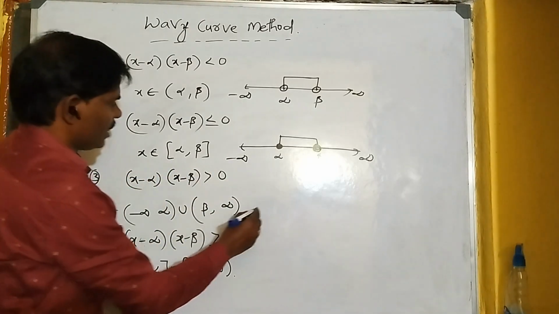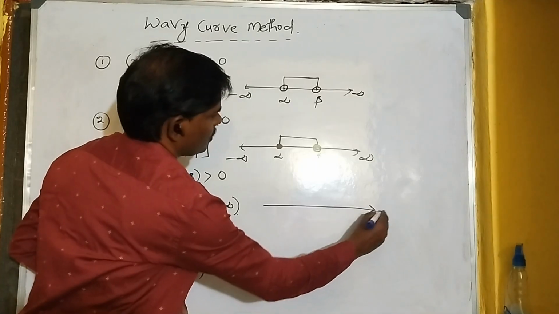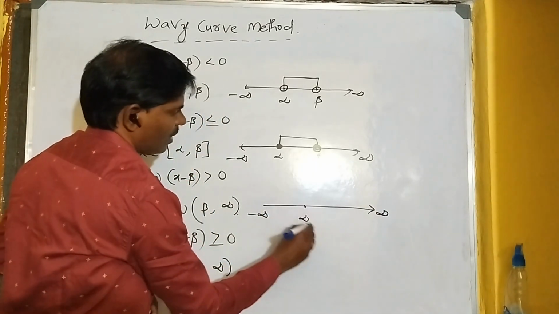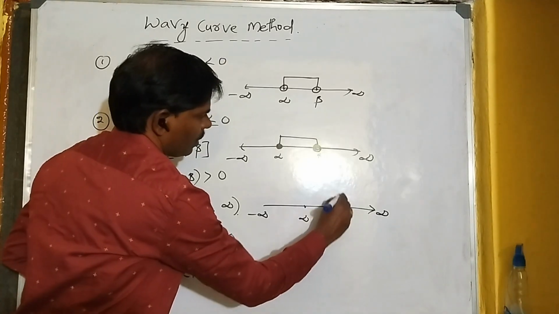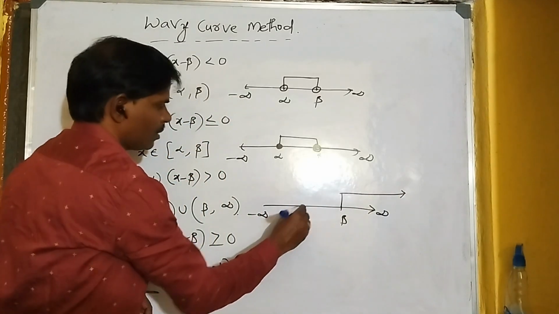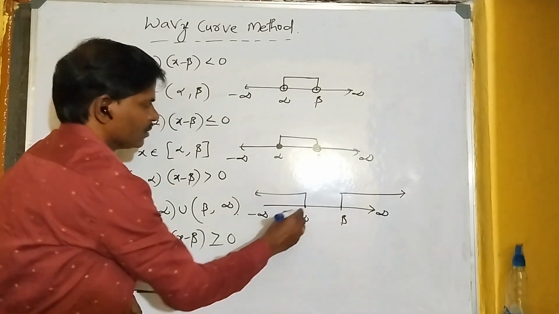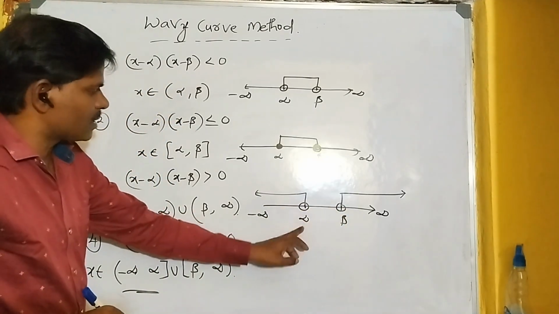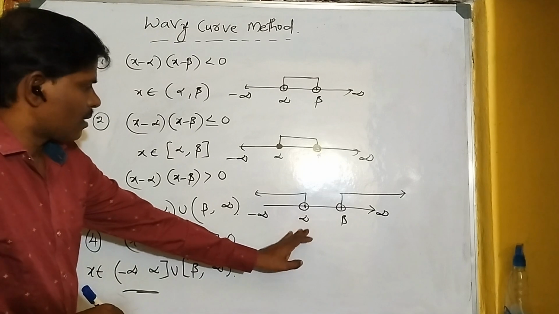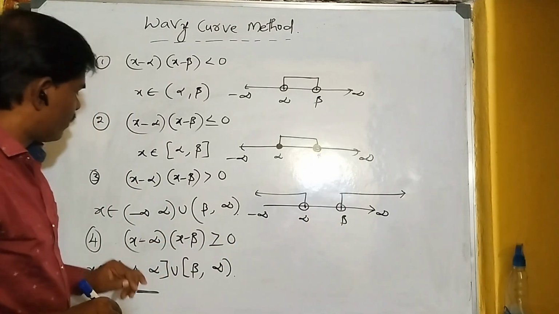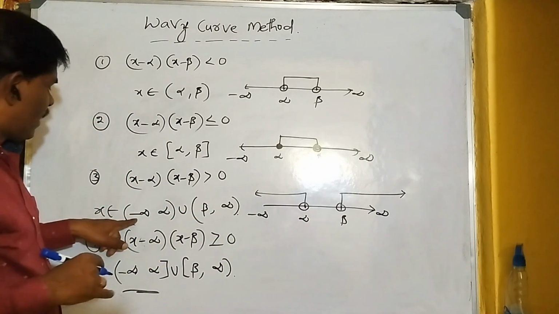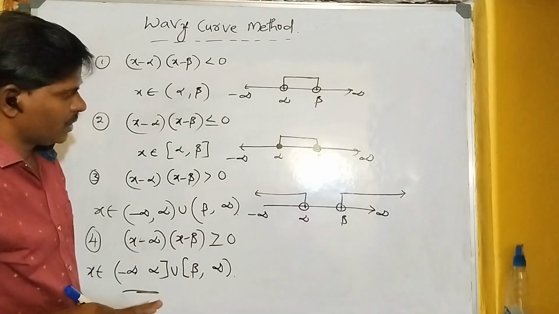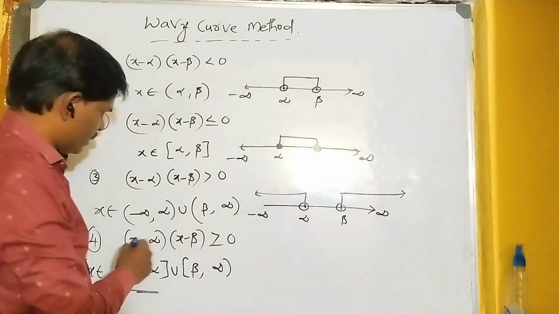The third case: on the number line from minus infinity to plus infinity, with alpha and beta, the solution is the part beyond beta and the part before alpha. A hollow circle means not included, so the formula is minus infinity to alpha and beta to plus infinity.